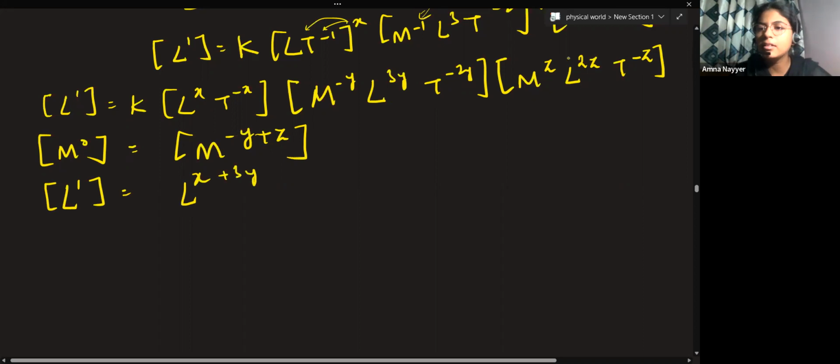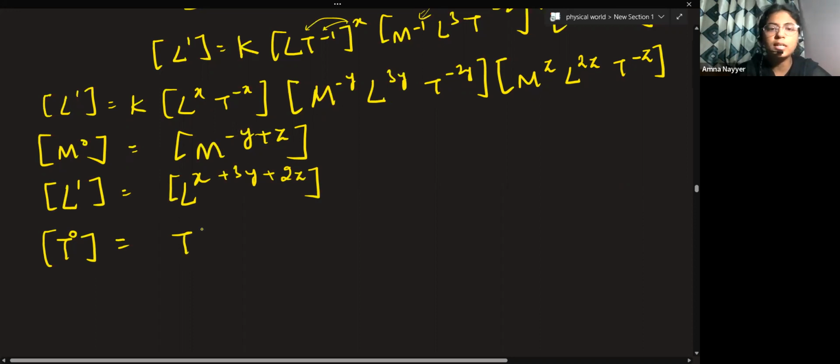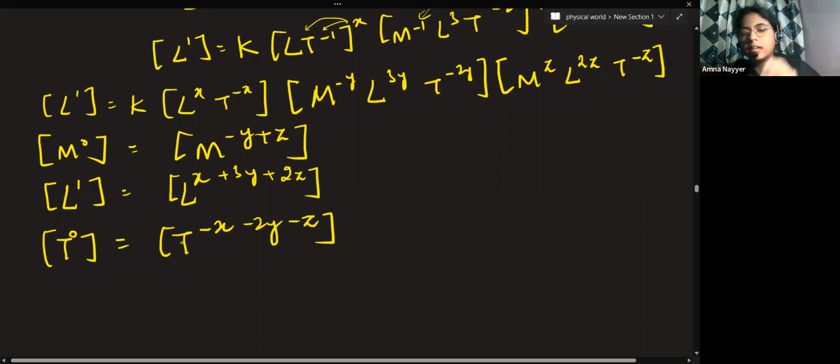Any length left? 2z. So it will be plus 2z. Then you have time, T to the power 0 would be here, and time will be what? T to the power minus x. From here it is minus 2y. From here it is minus z. You have equated all the left hand side's values with the right hand side.